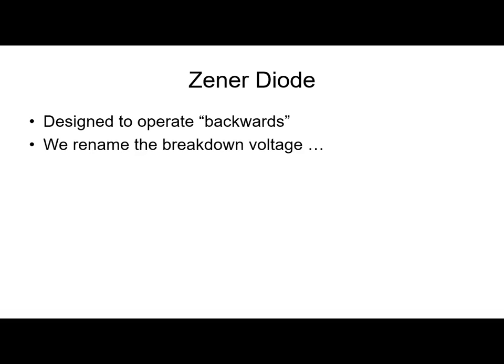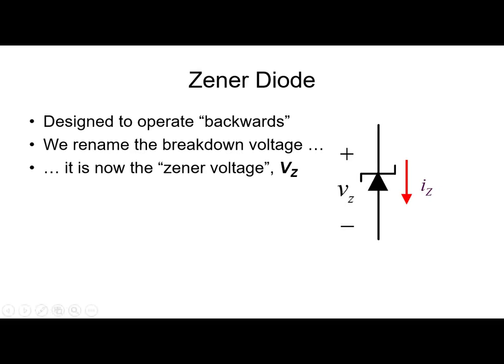We rename the breakdown voltage the Zener voltage. That is where we will operate. I repeat, it is used backwards. The current through the Zener flows from the cathode to the anode, and we maintain the cathode higher in volts than the anode.